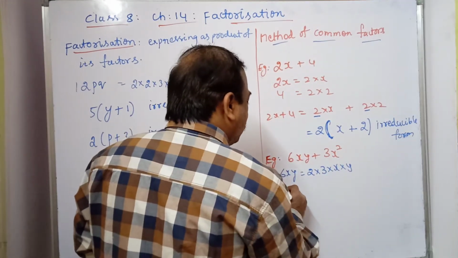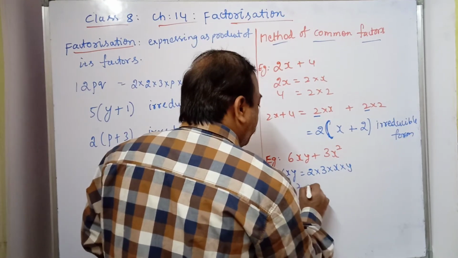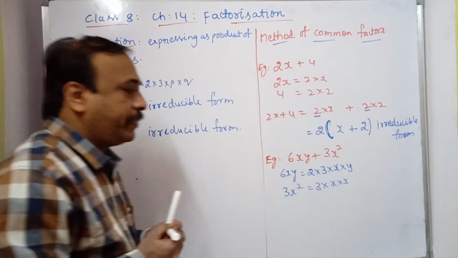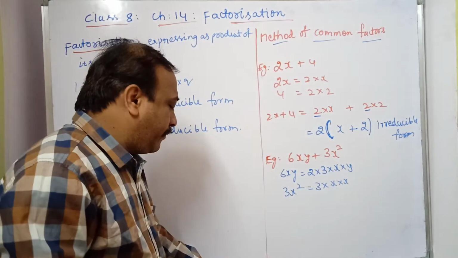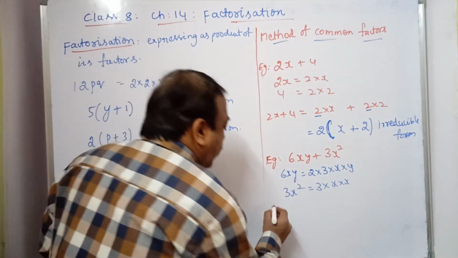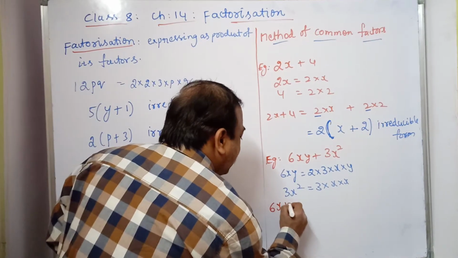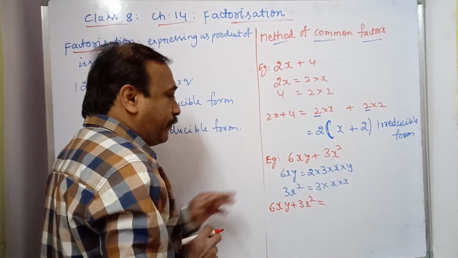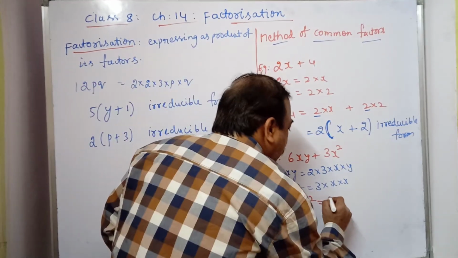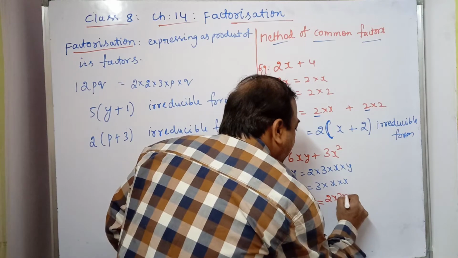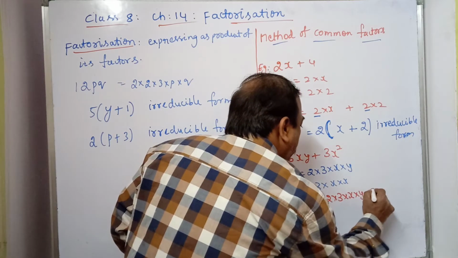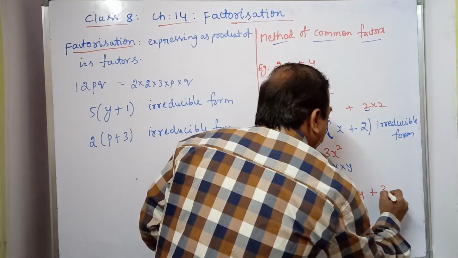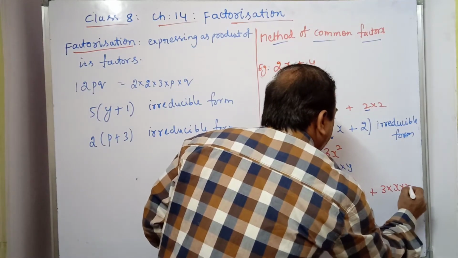Then 3x square can be expressed as 3 into x into x. When we write it as a product using common factors, 6xy plus 3x square is equal to, first you write down 6xy, 2 into 3 into x into y, plus 3 into x into x.